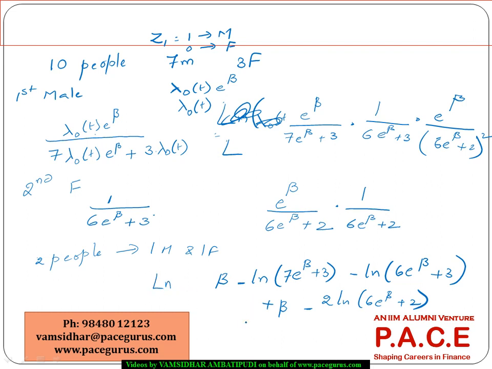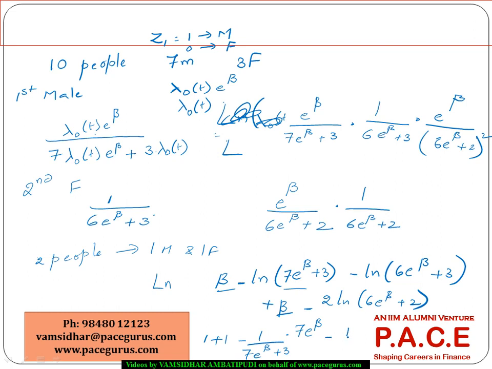Now all I can do is find the value of beta. I'll take the derivative with respect to beta: 1 plus 1 minus 1 by 7 e power beta plus 3, multiplied by the derivative of the denominator, which comes out as 7 e power beta.